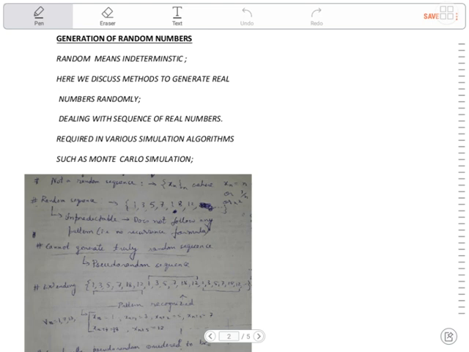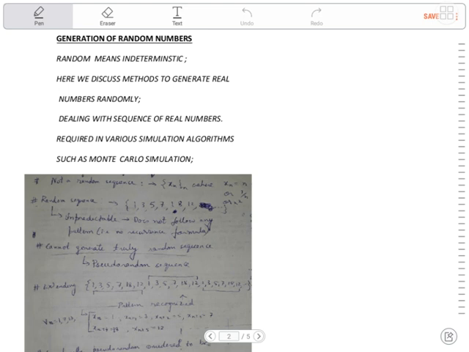So the experiment of measuring the length gives you an output which is deterministic, that is 5 centimeters here. But suppose you are now tossing a coin. We know it is a probabilistic experiment because we cannot say beforehand whether the outcome will be head or tail.